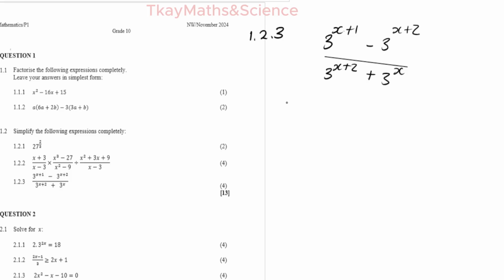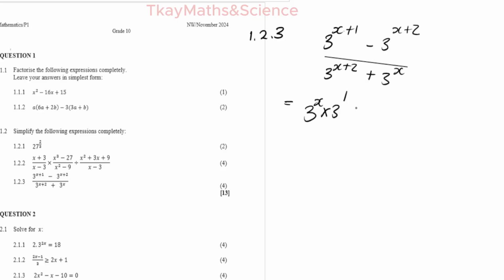Because this one is in simplification, we're going to do like 3 to the x. By the laws of indices, we have to multiply because the base is 3, but the powers are different, so it's going to be 3 to the x times 3 to the 1. So that when you combine these powers, remember, when you're multiplying and they have the same base, the powers add up.